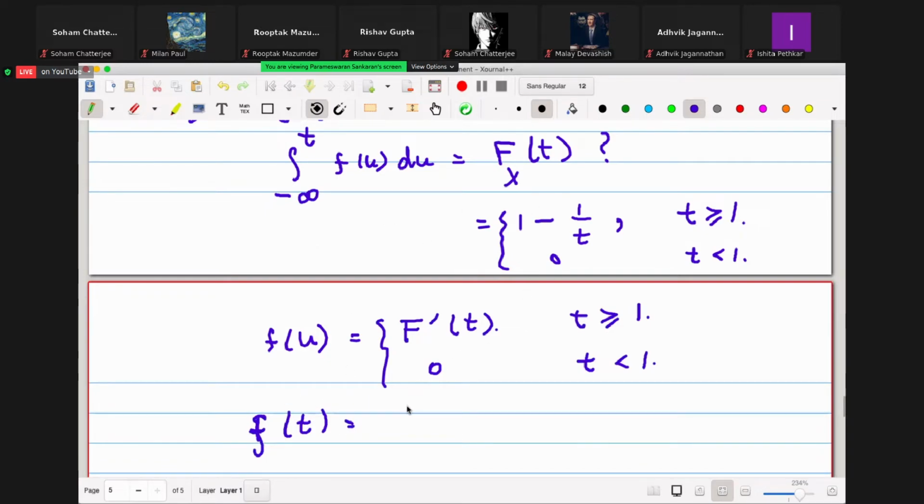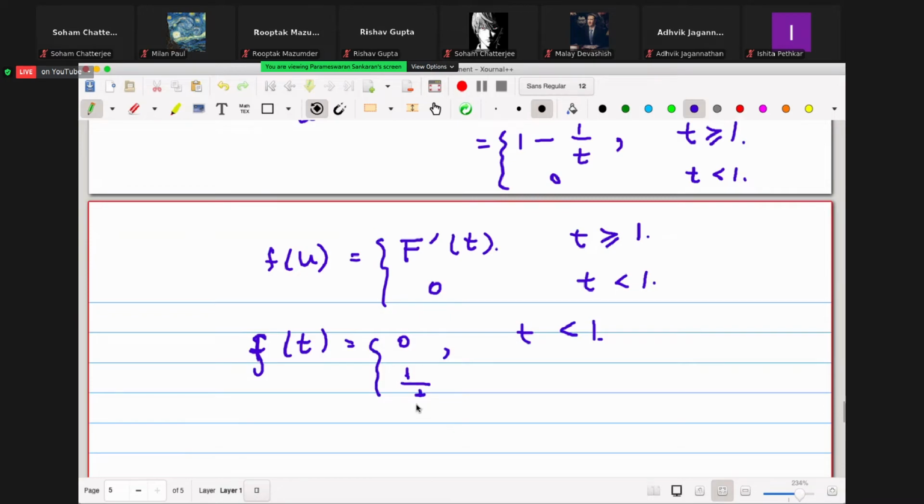So this suggests that f of t has to be equal to 0 if t is less than 1. And now find the derivative. This is 1 by t square, if t is bigger than or equal to 1. And now compute it, just to be sure. What is the integral from minus infinity to t of f of u du?